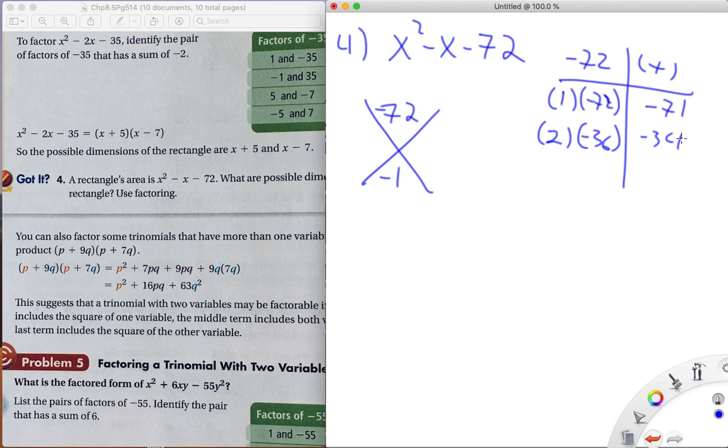And then I have 3 times negative 24, which gives me negative 21.